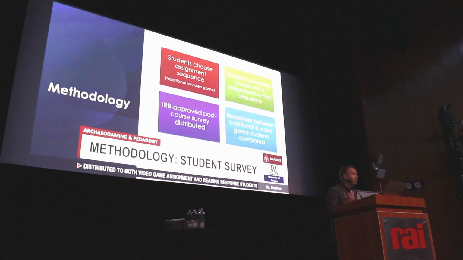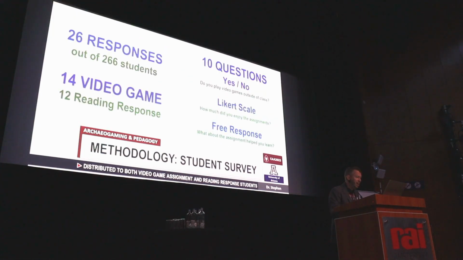Now, when I actually ran the study, after going through the institutional review board process, they only allowed me to deliver the survey or the questionnaire after the course was over. And that meant out of the 266 students, I had 26 responses, which was kind of disappointing.